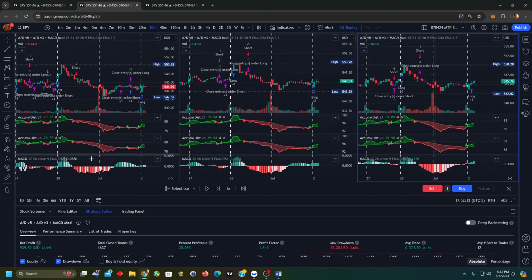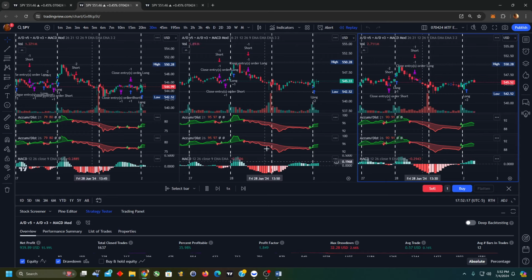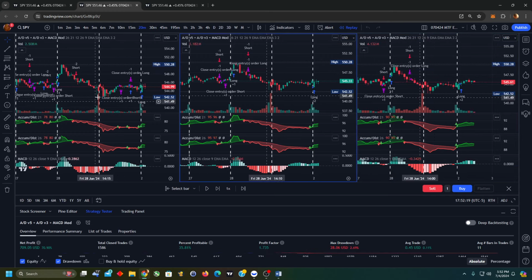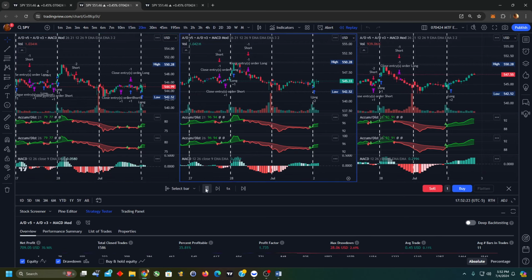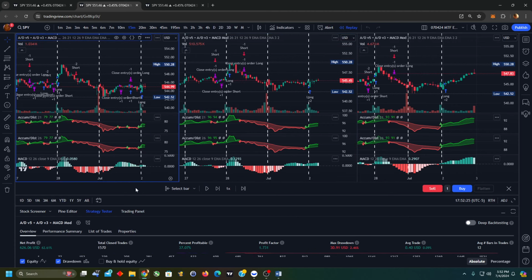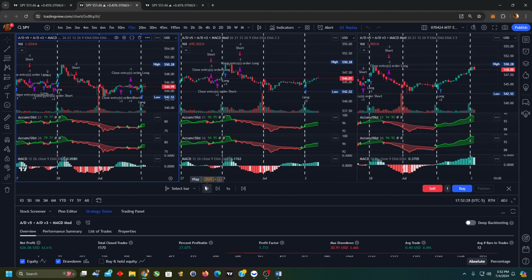And let's jump over here just for comparison. See how this looked. 20 and 30-minute time frames.